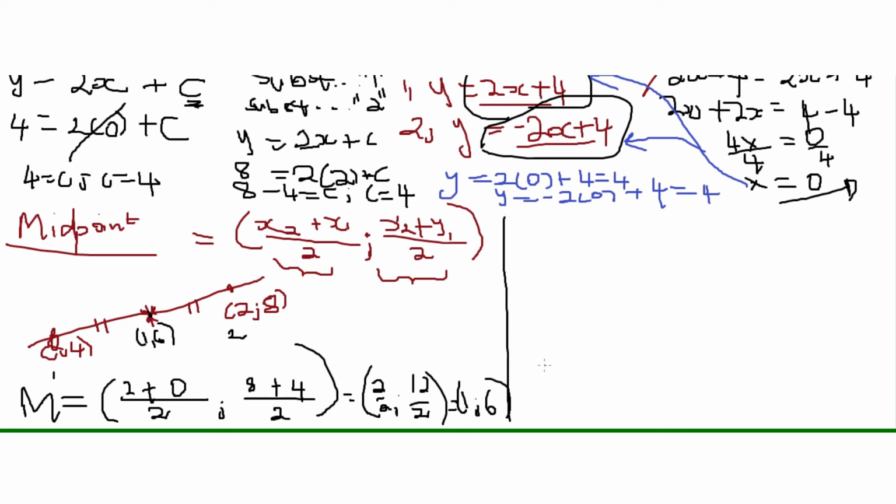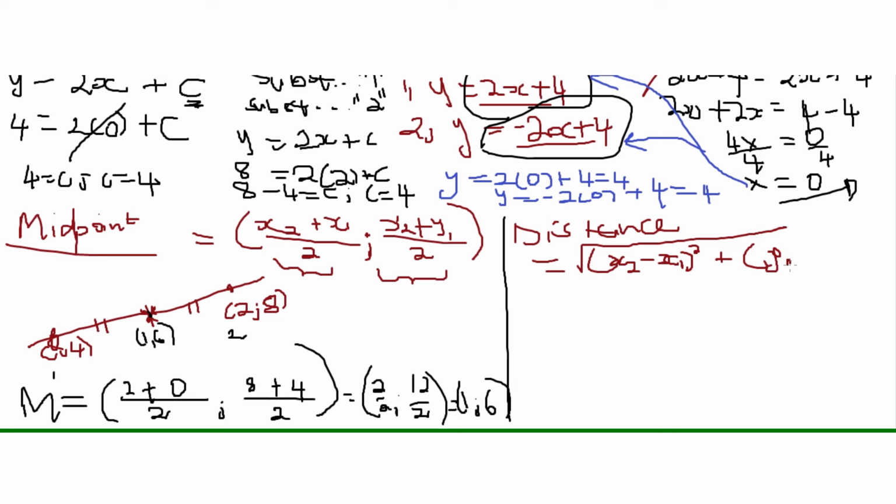And then when they say calculate the distance between 2 points, we're just going to use the very same 2 points. The distance has a formula as well. It's the square root of (x2 minus x1) all squared plus (y2 minus y1) all squared, all of it, and then afterwards we take the square root.